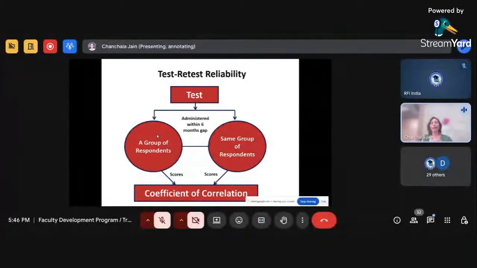Then whatever scores we get, we will try to find the coefficient of correlation between them. If the correlation value comes as 0.7 and above, we can say that our scale is a reliable scale as per the test retest reliability method. I hope it is clear.